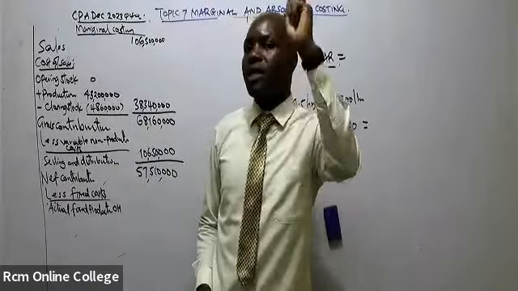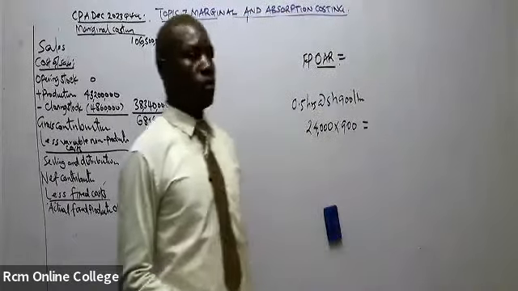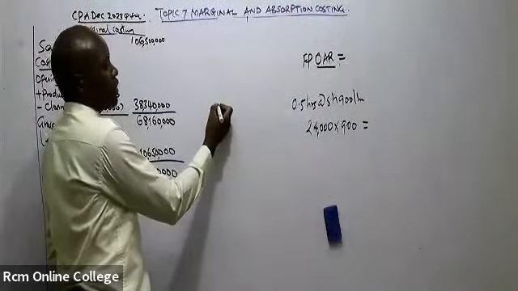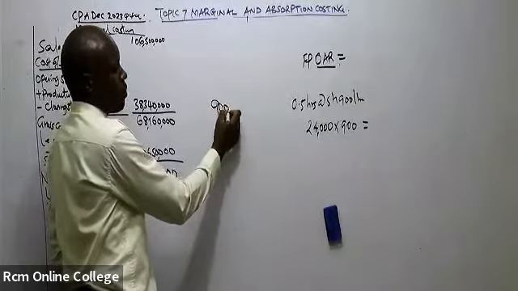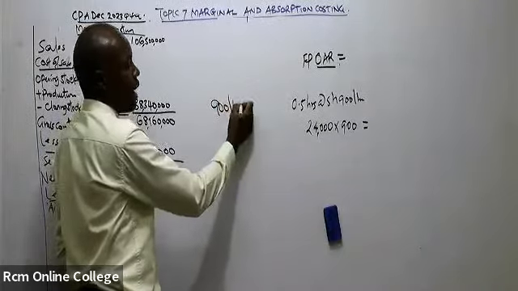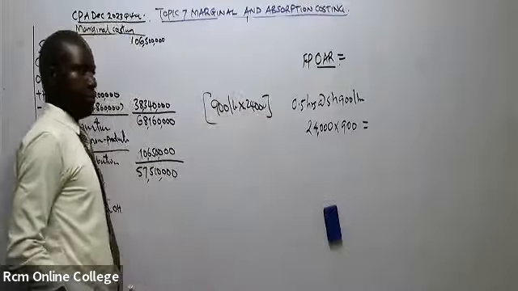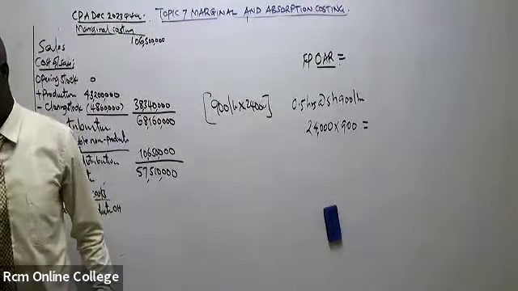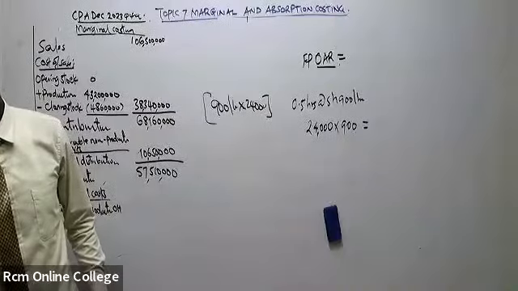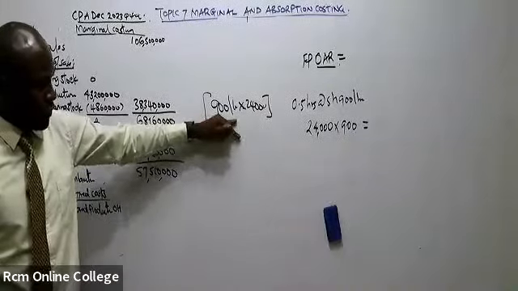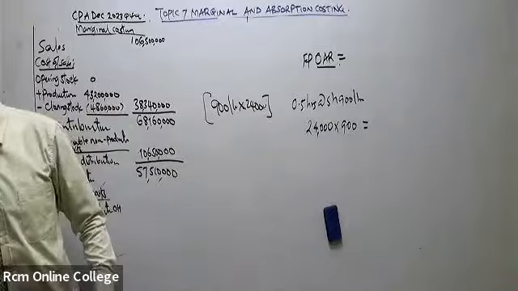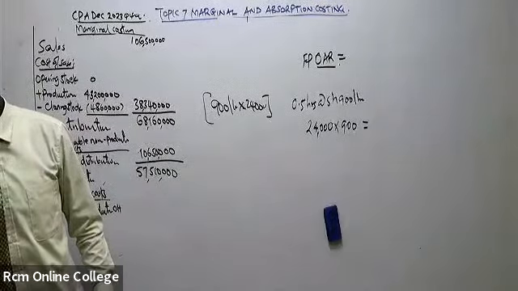What is the budgeted labor cost? It is 900 shillings per hour, but we have 24,000 hours, the budgeted hours. So deal with this first. I want you to give me the answer for this one first. 900 times 24,000. Tunapata ngapi?